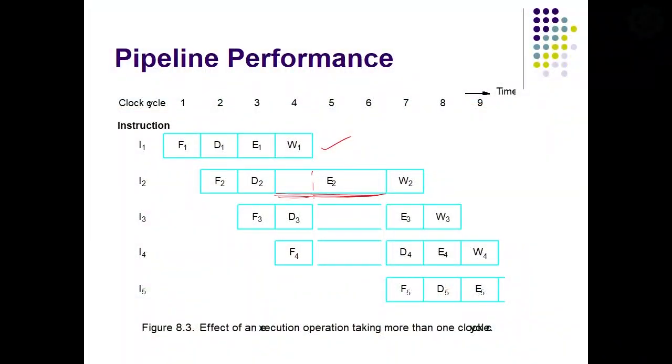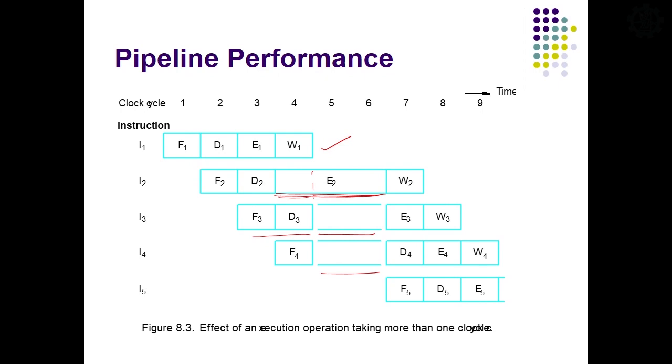And what is the effect for the other instructions? They will be stalled here. They cannot proceed, because there is only one hardware unit and it is being used by some other instruction. And what will happen for the subsequent instructions? You see, this is stalled, this is stalled. So, there is some disturbance, and for any kind of disturbance you will not get the desired result.